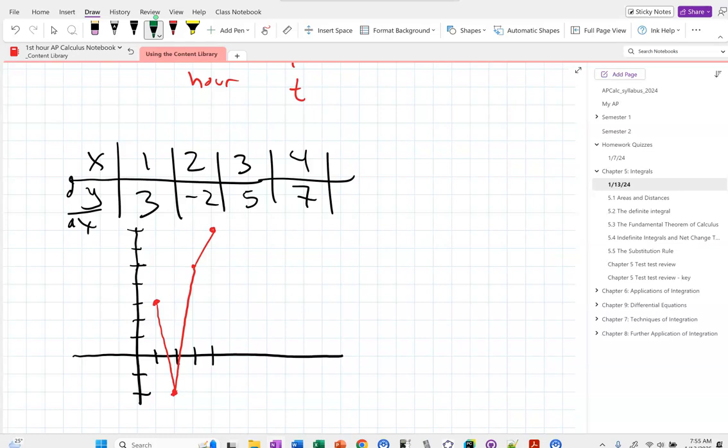If I'm using a left-hand Riemann sum, I'm going to take the left x value, and I'm basically going to make a rectangle, and I'll add up those areas. So it would be 3 plus -2 plus 5.